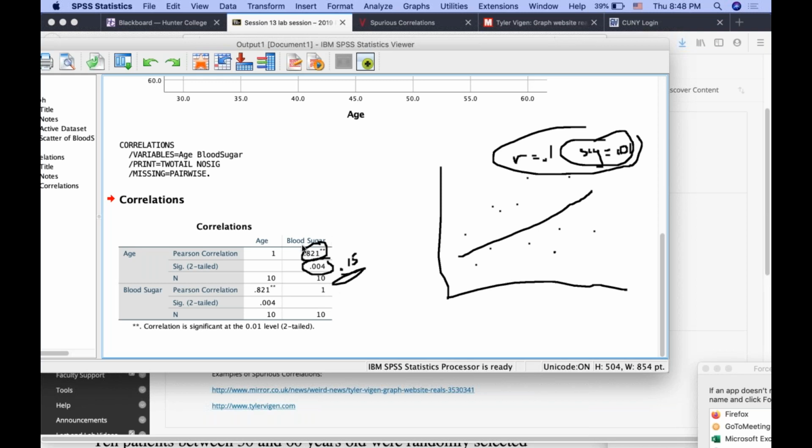So even though this seems to be a very strong association, if this is not less than 0.05, we can't say that it's not due to chance. 0.15 is greater than 0.05, so I can't reject the null hypothesis. Instead of being 0.04, if it had been 0.15, right? That wouldn't be statistically significant. I couldn't reject the null hypothesis. Okay, so that's important to us. And it works the same way, negative or positive, it doesn't matter.